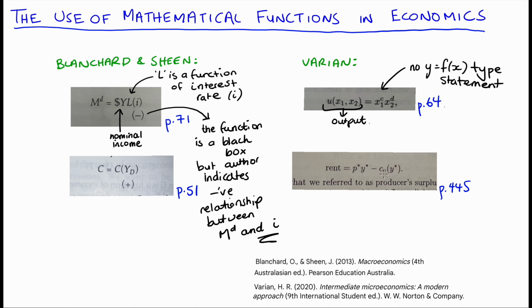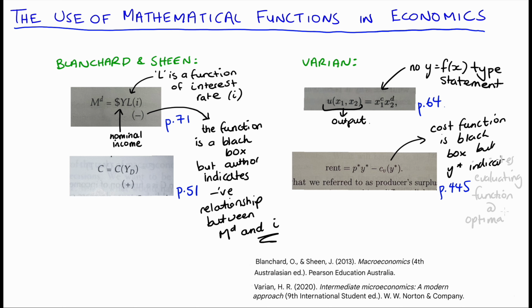And here we take away costs, but we don't have a specific form for costs here. Again, it's just a black box. But we're told that we're going to evaluate that cost function at the optimal output, that y star. So we're not being told the exact form of the function, but we are told that we're talking about a situation where we're evaluating that cost function at a very specific input.